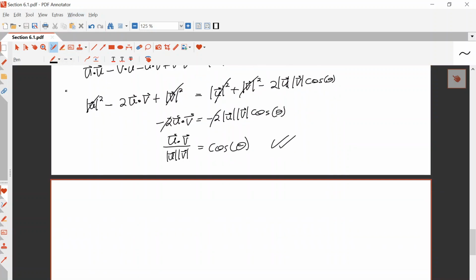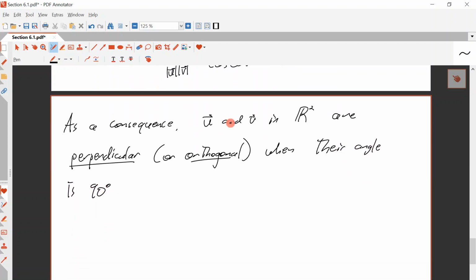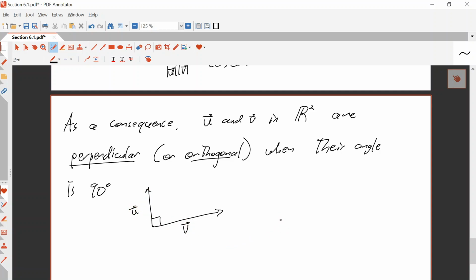So what does that say about orthogonality? As a consequence, u and v in R2 are perpendicular, or orthogonal, that's another word for it, when their angle is 90 degrees.